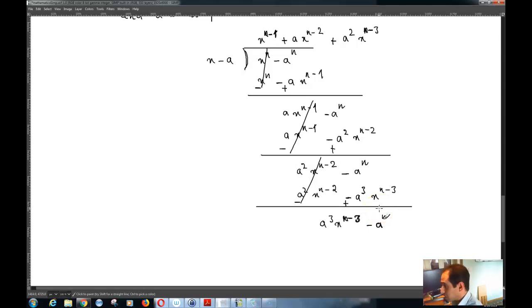And so as you can see, over here you start with x raised to the power n minus 1, plus a times x raised to the power n minus 2, a squared x raised to the power n minus 3.